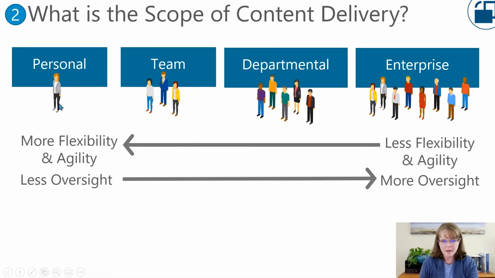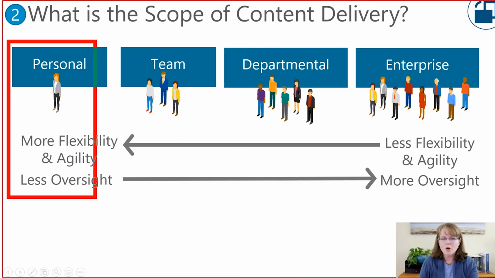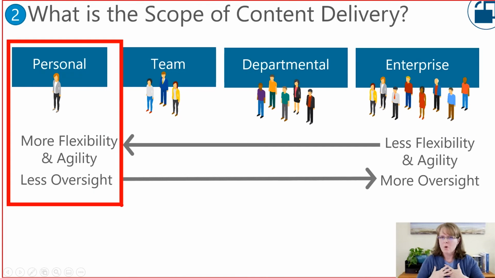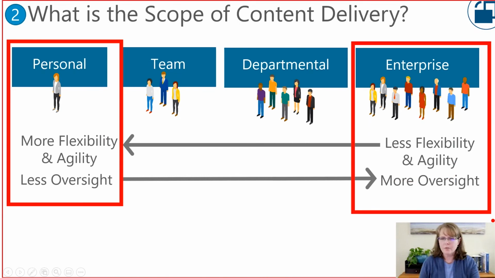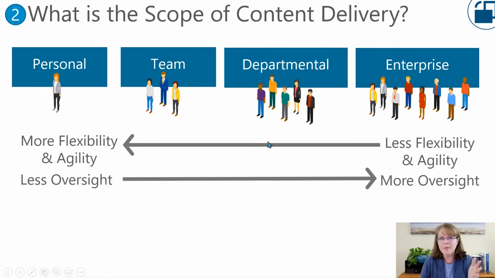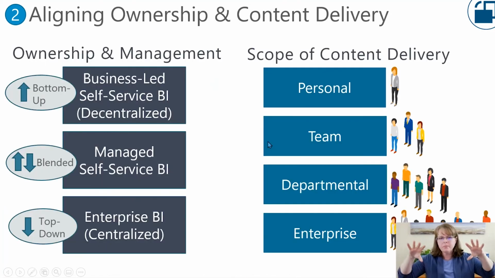So if we think about it, something that's personal, we're not going to heavily govern that. Something that is being delivered to the entire enterprise should be more tightly governed and managed. And then where it gets trickier is something in the middle.